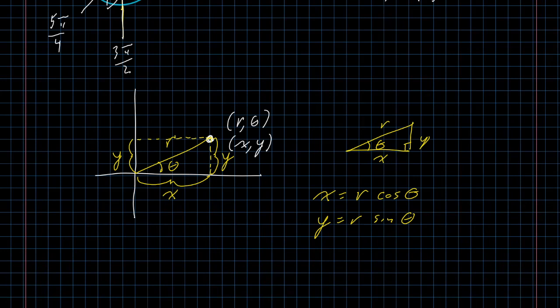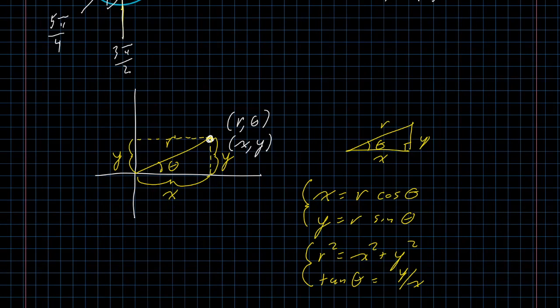We've also got the Pythagorean Theorem. r squared is x squared plus y squared. And I guess one last trig function we haven't talked about, the tangent of theta is y over x.